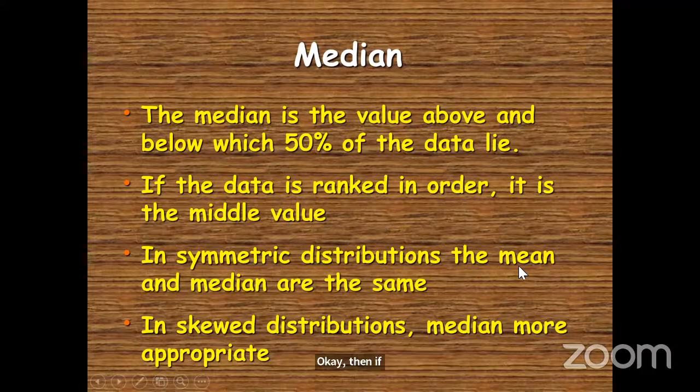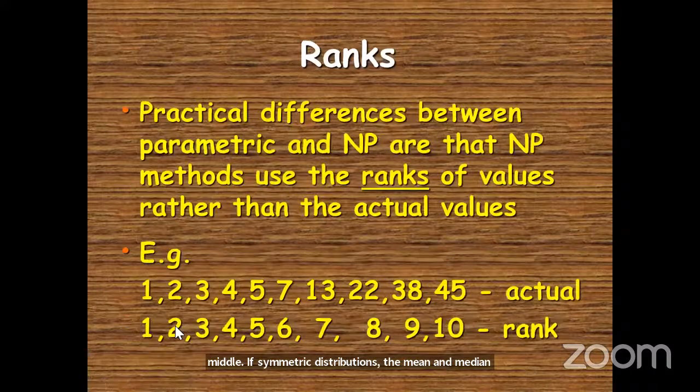In symmetric distributions, the mean and median are the same. In a skewed distribution, the median is more appropriate, right? So what is the median in this case? Anybody knows? I think you already had a lecture on this. So what is the median of this data?